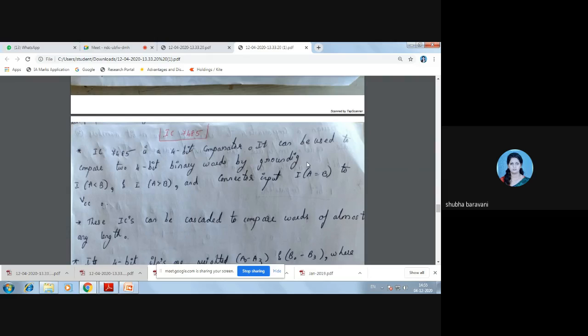It is used for cascading. So see, I A less than B and I A greater than B, these two cascading inputs are taken to ground. The cascading input I A equal to B is connected to VCC.